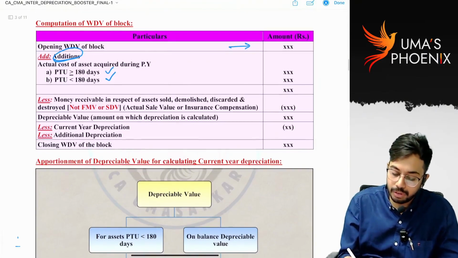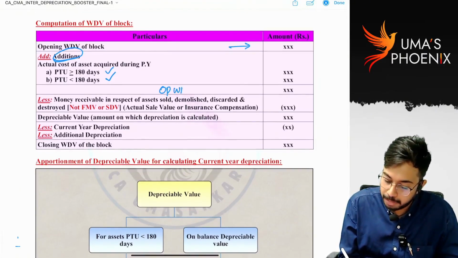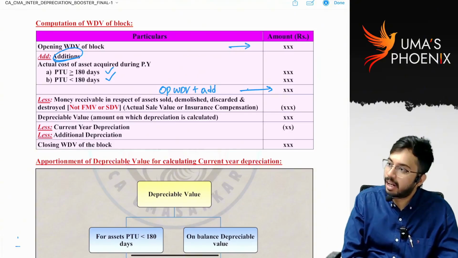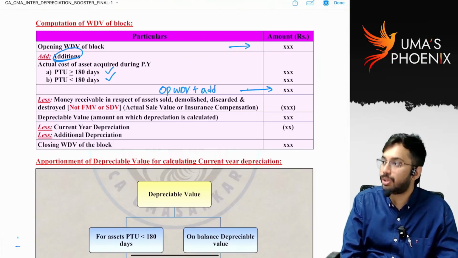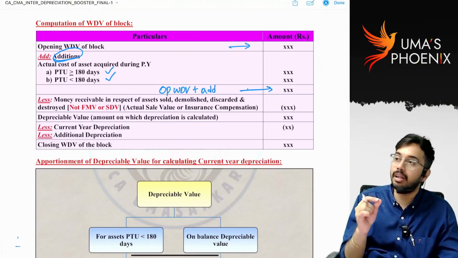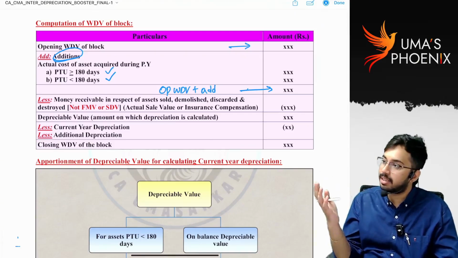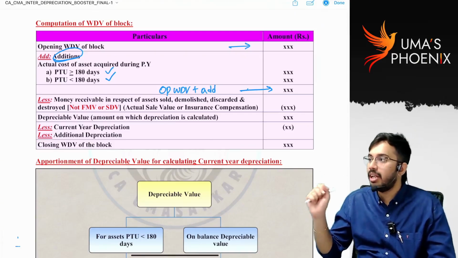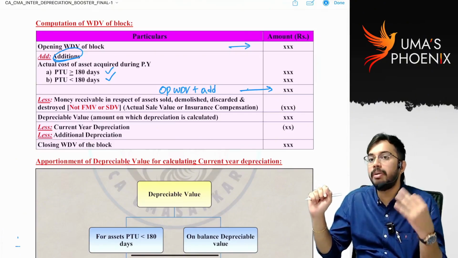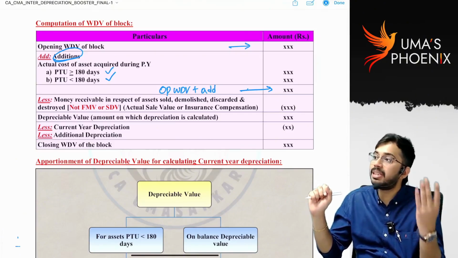Next. So you will arrive at opening written down value plus additions, correct? So to opening written down value plus additions, we will reduce money receivable on assets sold. Please listen carefully. Everyone look at me. I sold two assets. On sale of asset, there will be book value, there will be written down value, there will be fair market value, there will be sale value.